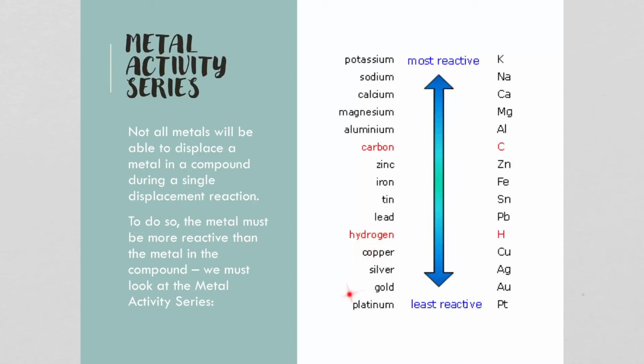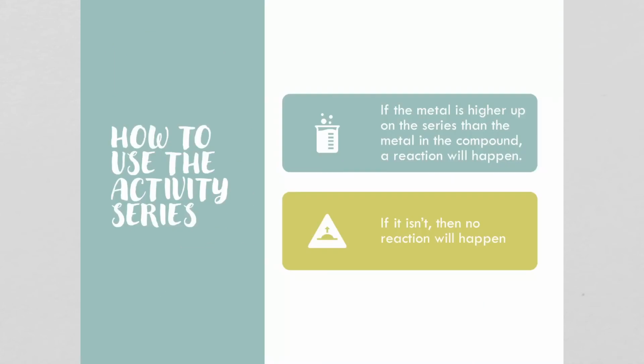These ones are found on the right. And then also, even within a group, potassium is lower than sodium, so it's more reactive. So that helps you understand as well. So as I said before, if the metal is higher up on the series than the metal in the compound, a reaction will happen. If it isn't, then no reaction will happen, and you'll just write NR.